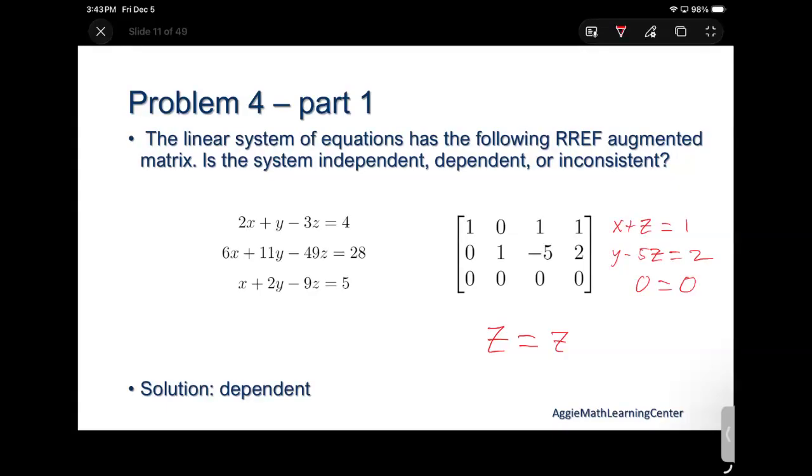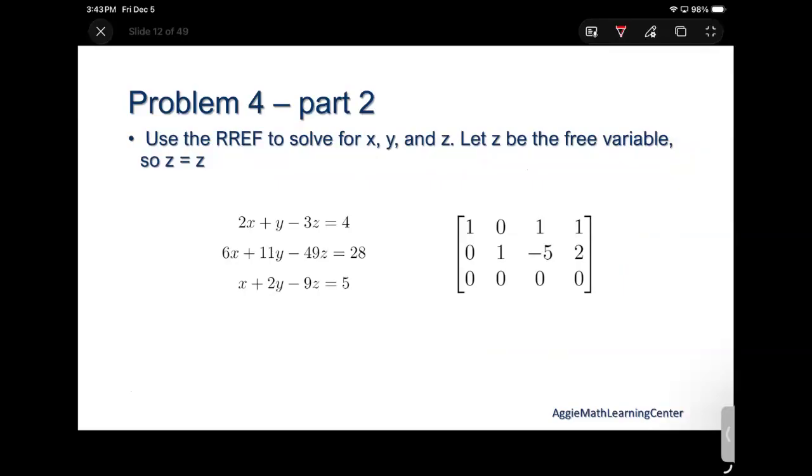So you'd have to know some x value, some y value, or some z value to estimate what the others are. And so if we're solving for what x, y, and z are, you've got x minus z equals 1 and y minus 5z equals 2.